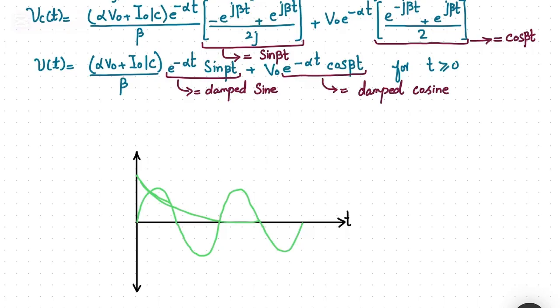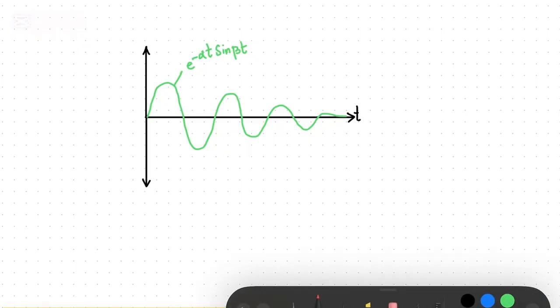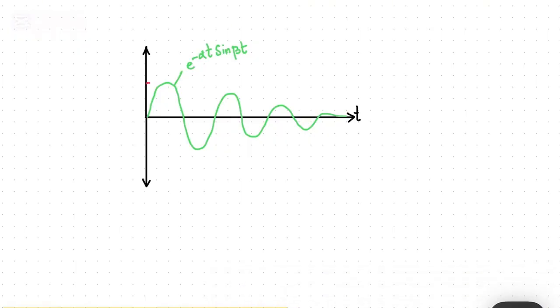What would be the result when we multiply an exponentially decaying function with a sinusoidal function? The result of a damped sinusoid would be something similar to this. This is a damped sine wave, e^(-αt) multiplied by sine of βt. Similarly, a damped cosine wave would be something similar to this, again not sketched according to scale.